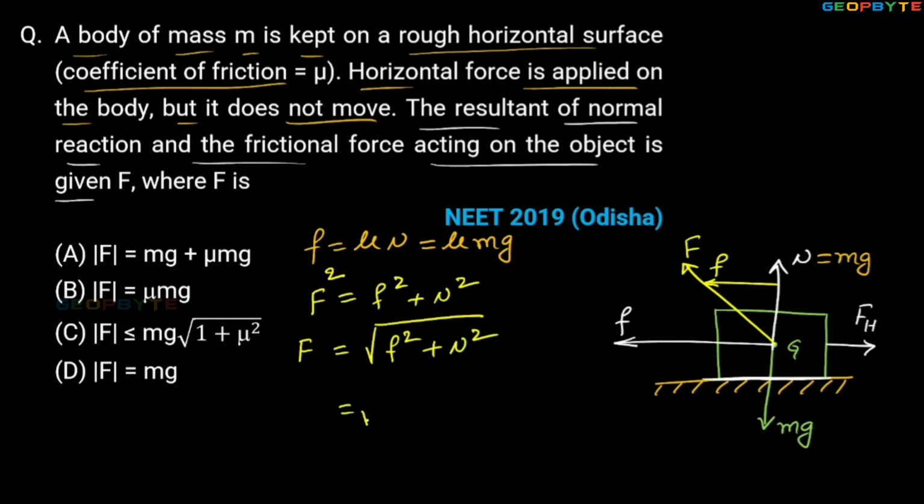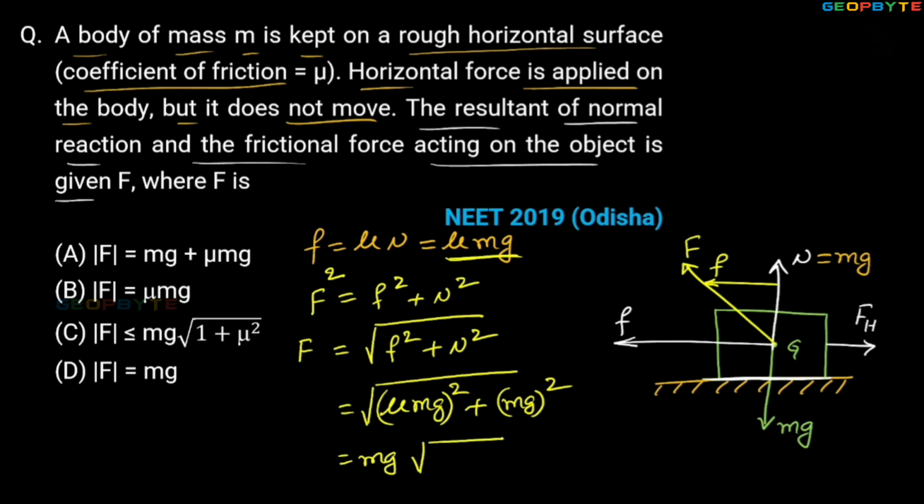It is equal to root over (mu mg) whole squared plus (mg) whole squared. Write the mg outside, then it is mg root over 1 plus mu squared. That is the resultant force between the frictional force and normal reaction.